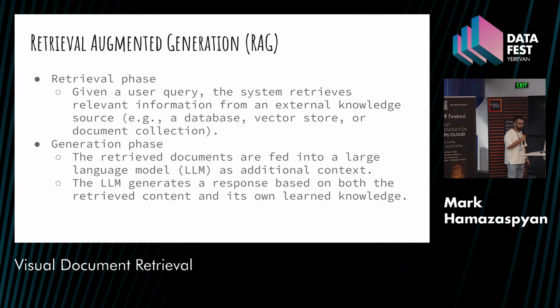And retrieval augmented generation consists of these two parts. So there is the retrieval phase: given a user query, the system retrieves the relevant information from our knowledge base or database or any other place. And there is also the generation phase.